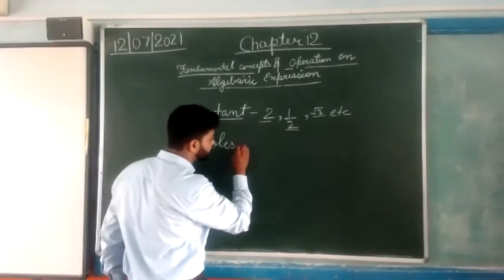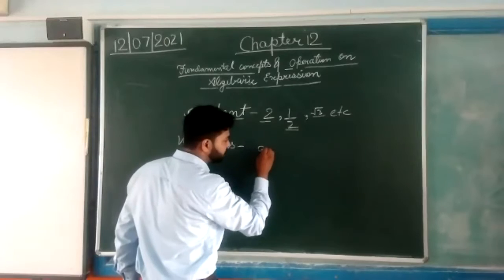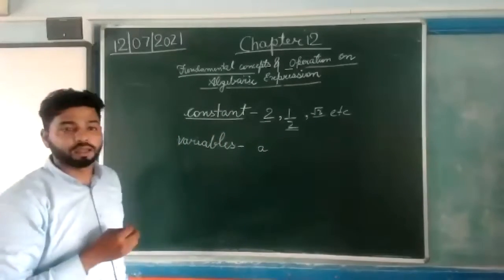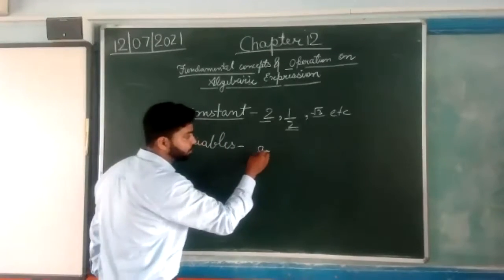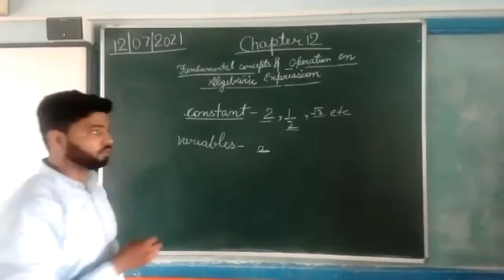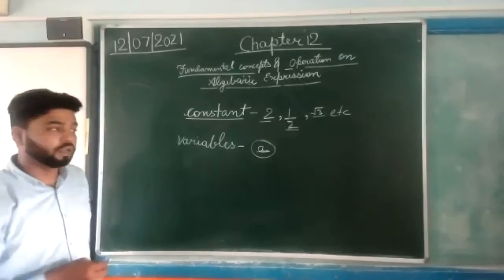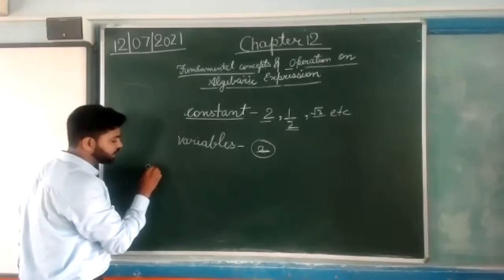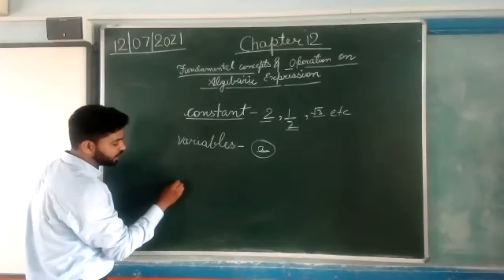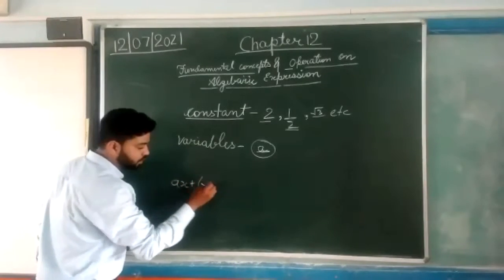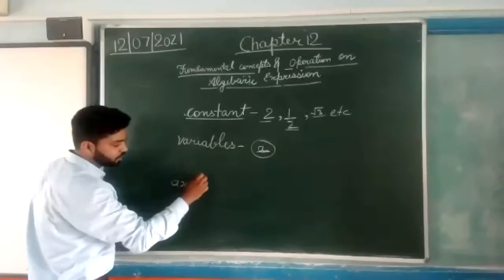But what is a variable? A variable is that value. Let's suppose the variable is a. That is the value which depends upon the situation, that we can manipulate. Let's suppose an equation is given, ax plus b, or ax plus 1.